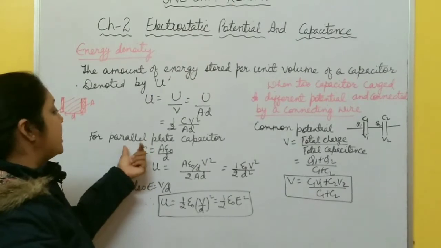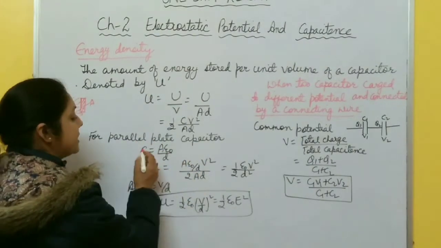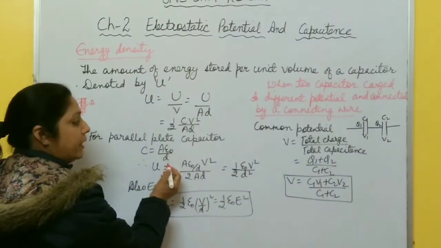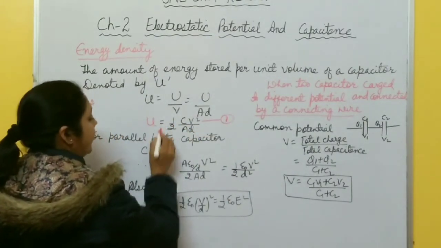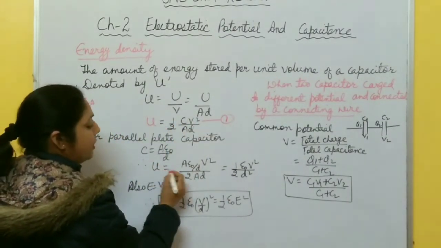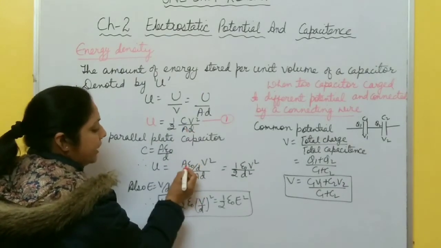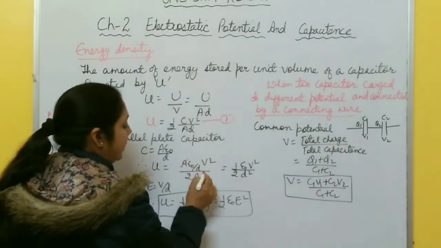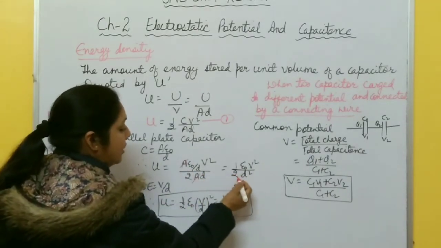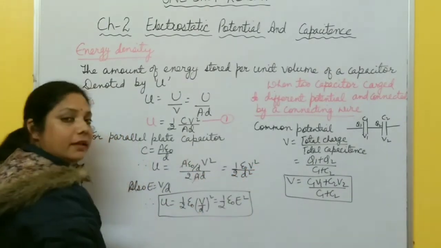Also, you know, in case of parallel plate capacitor, capacitance C is equal to A epsilon naught by D. You put this value in this equation 1, right? Then equation 1 becomes U equal to, in place of C, write A epsilon naught by D, V square by twice AD, A cancel. It becomes half epsilon naught V square by D square.